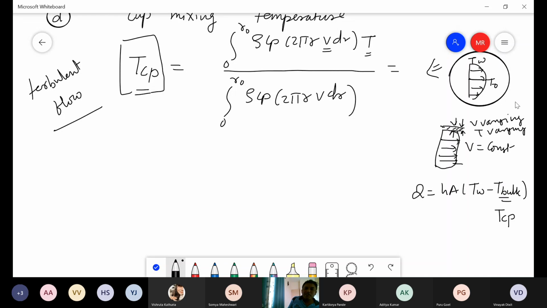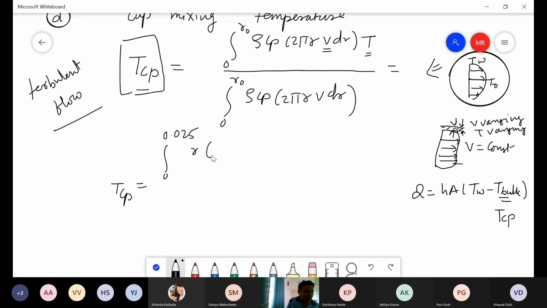Okay, so let us put the equation for velocity as well as temperature in this equation. So T cup mixing can be written as the integral from 0 to 0.025. Rho Cp will get cancelled out. 2 pi will also get cancelled out. R is a variable here, so R will remain as it is.